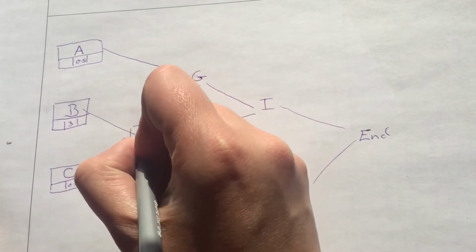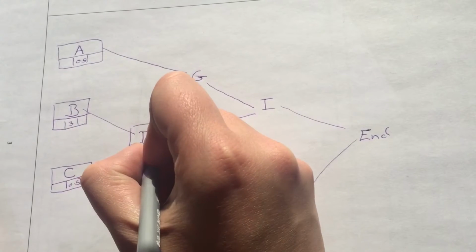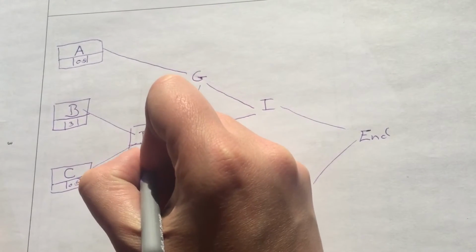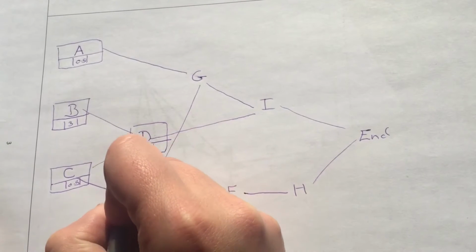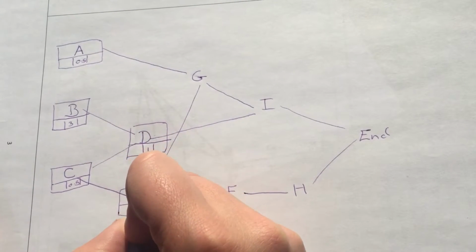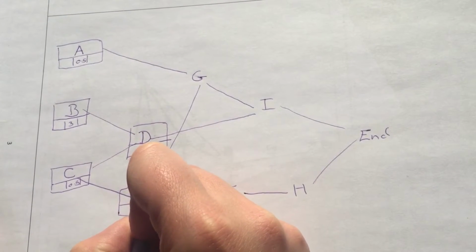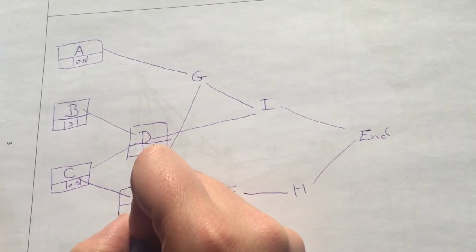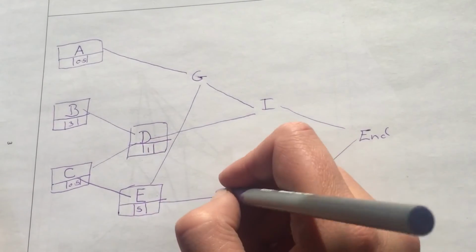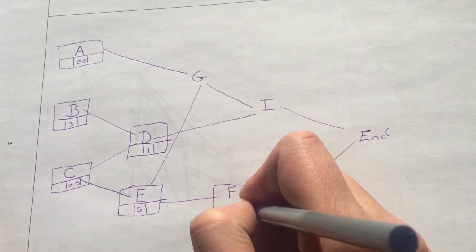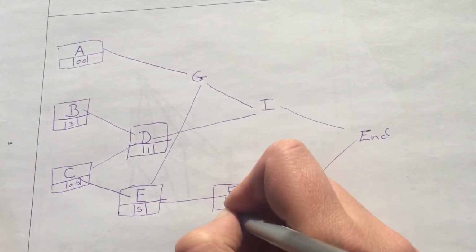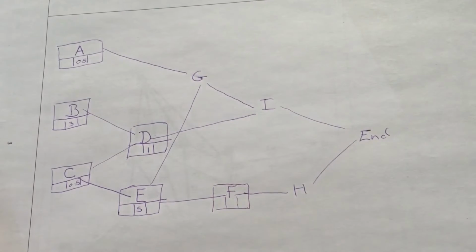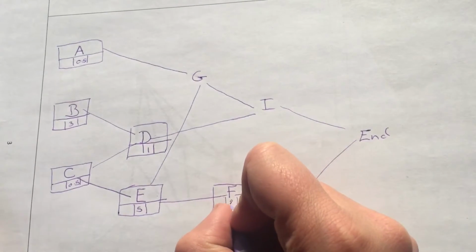D has a duration of 1. E has a duration of 5. F is going to have a duration of 2.